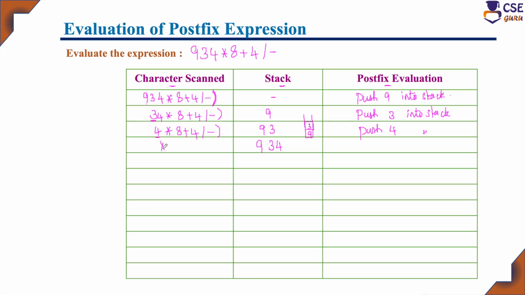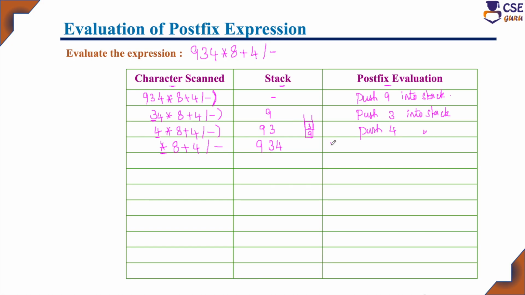The remaining input characters are star, 8 plus 4 division minus. So next comes the operator. Whenever you encounter an operator, pop the top two elements. The top two elements here are 3 and 4. The top element is 4, next is 3. You need to pop them and implement this operation.